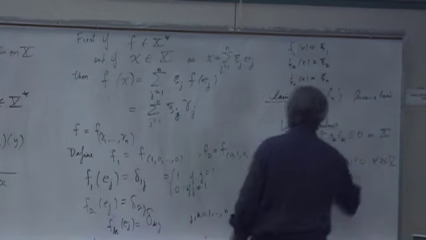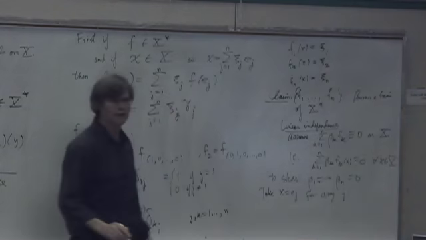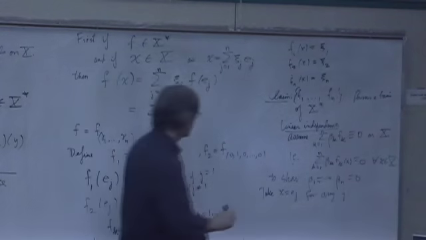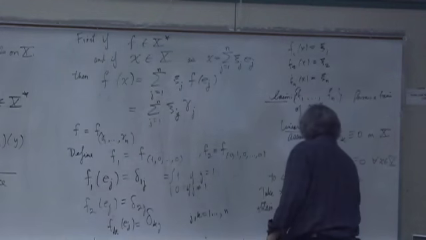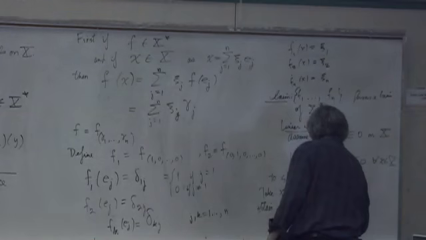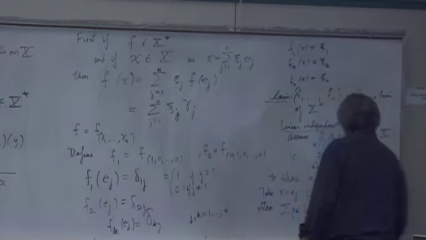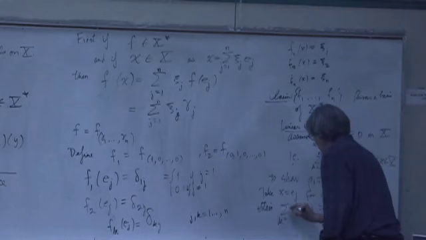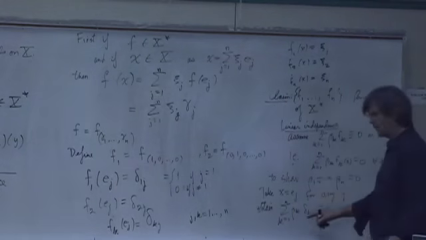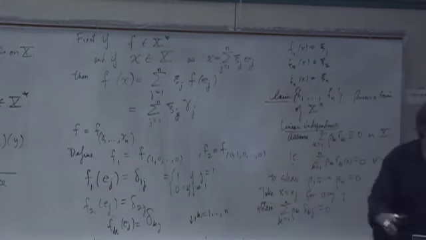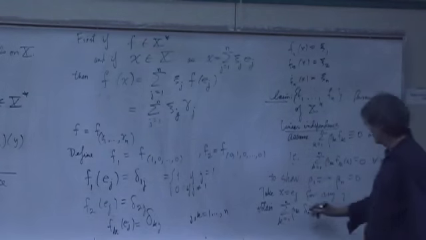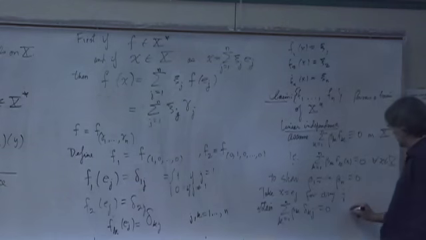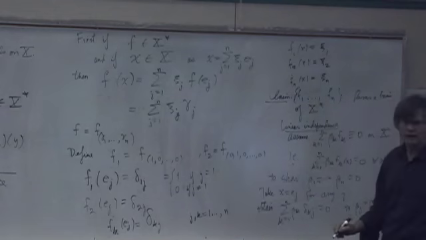By plugging that in, you get the Kronecker delta: fk at ej equals delta kj. Obtain summation beta k delta kj equals 0, where the sum on k goes from 1 to n. When you do this delta operation, j is fixed, so this sum is just beta j. So beta j equals 0. But that was true for any j, so all the betas are equal to 0.